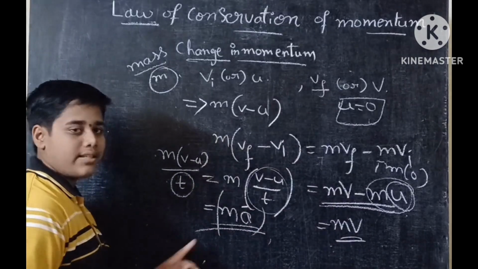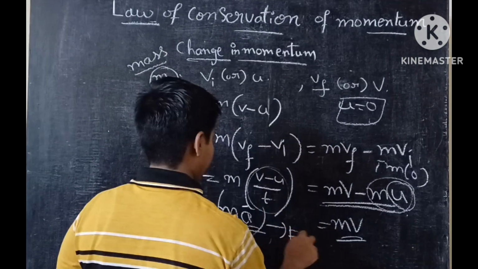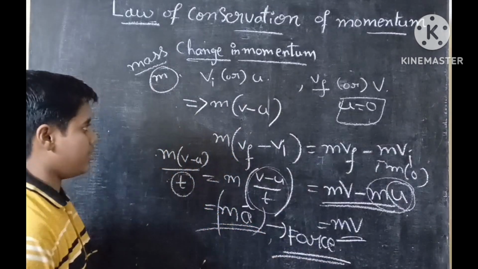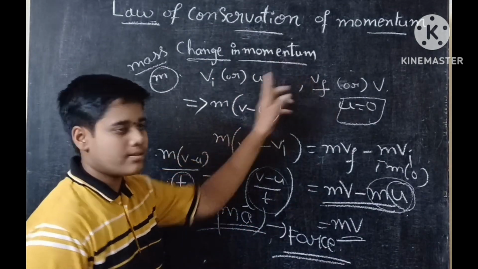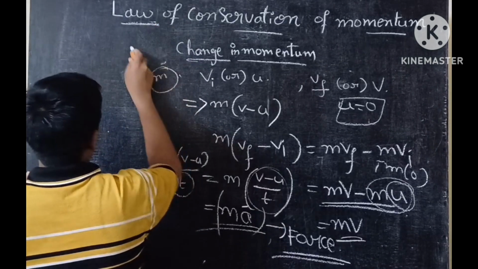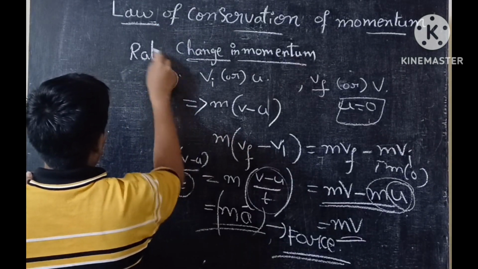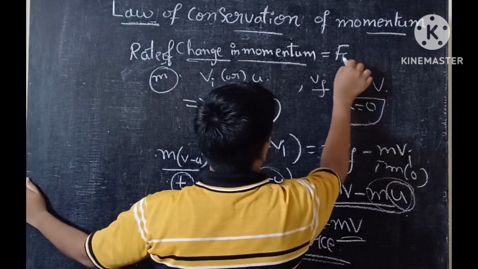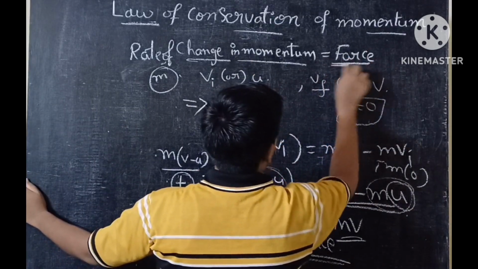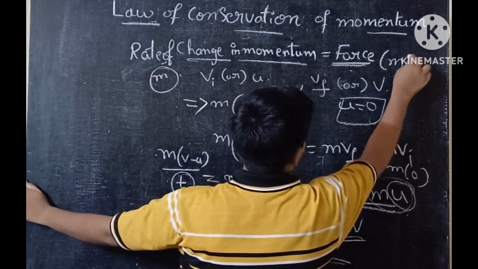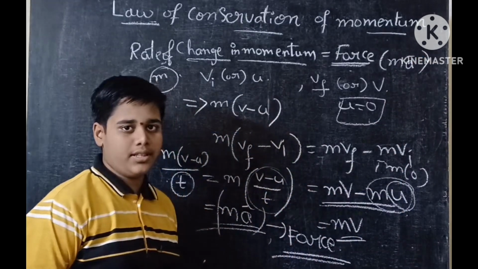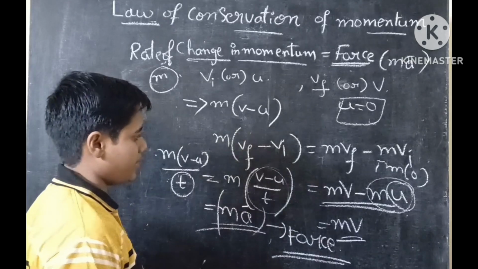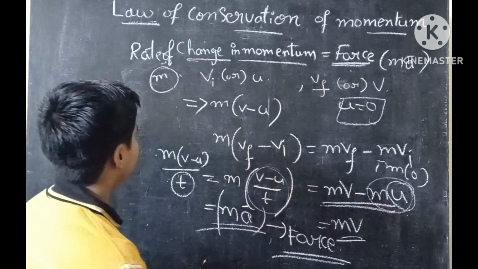This is the formula of force. We can say that the rate of change in momentum is equal to force, which is nothing but mass into acceleration. So this is the change in momentum and the rate of change in momentum.